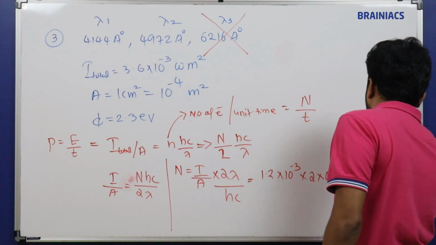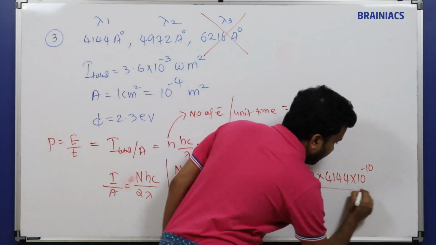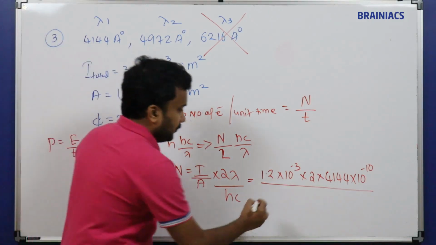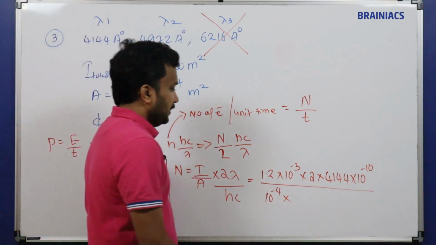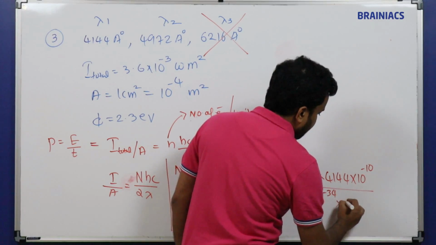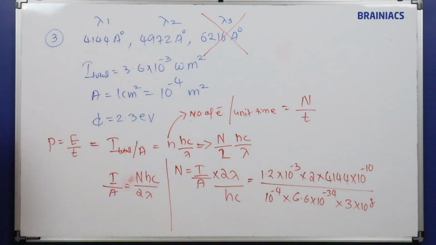Angstrom converted into meter, so 10 power minus 10, divided by area. Area means 10 power minus 4, multiplied with hc. h is 6.6 into 10 power minus 34, c is 3 into 10 power 8. This is for the 2 seconds.